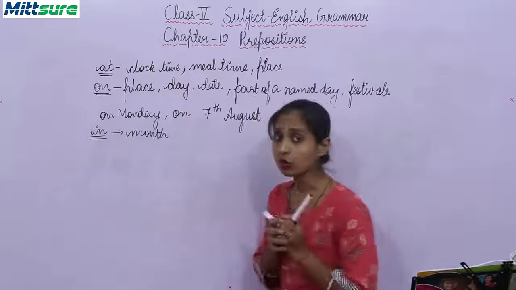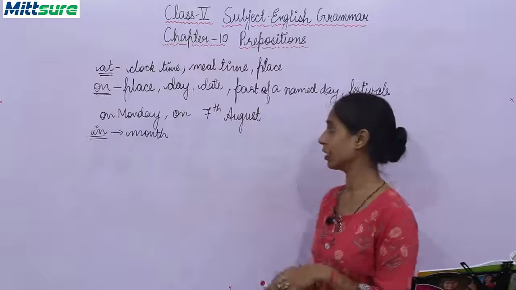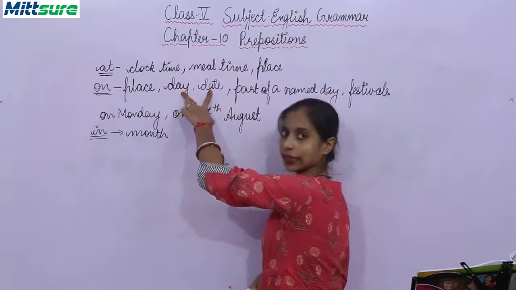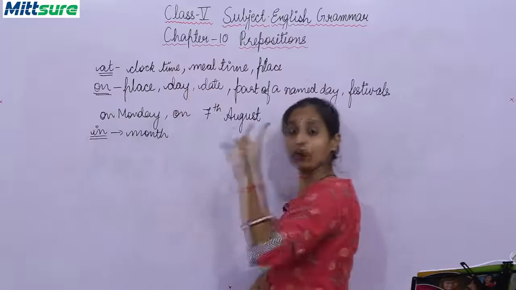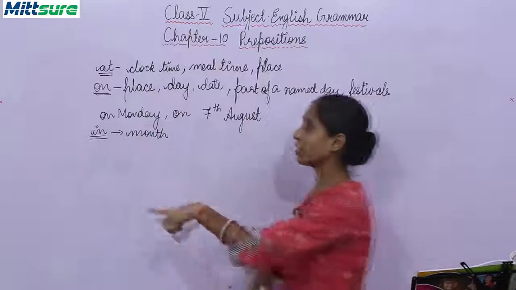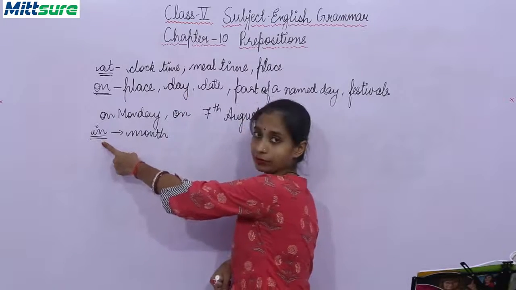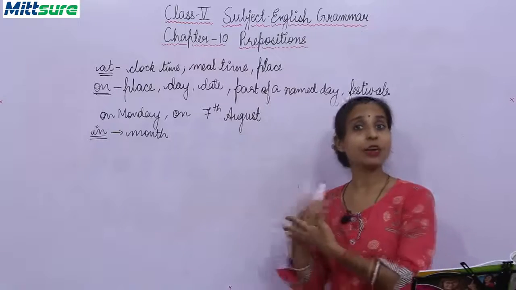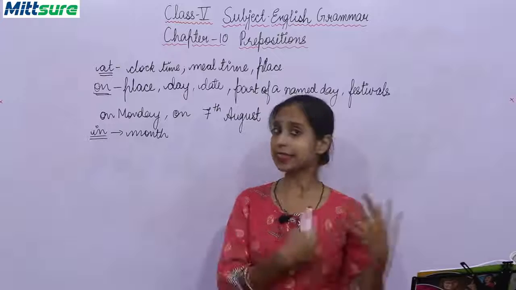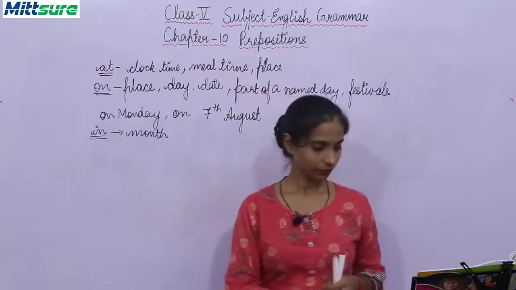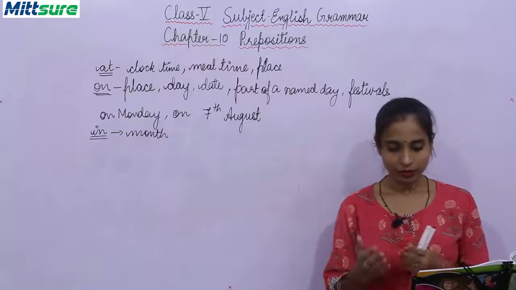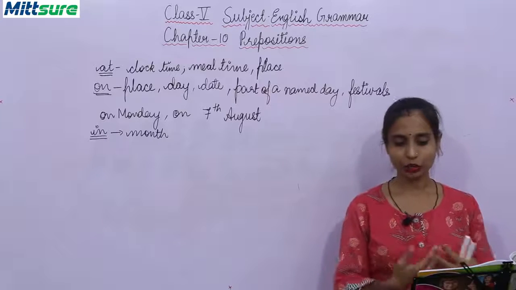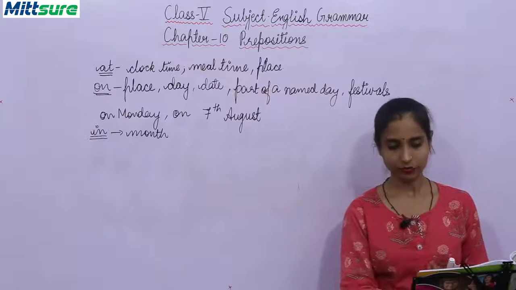Children, do not get confused over here. "On" is used for day and date, but for month we are going to use "in". Like in February, in August, in September, like this.